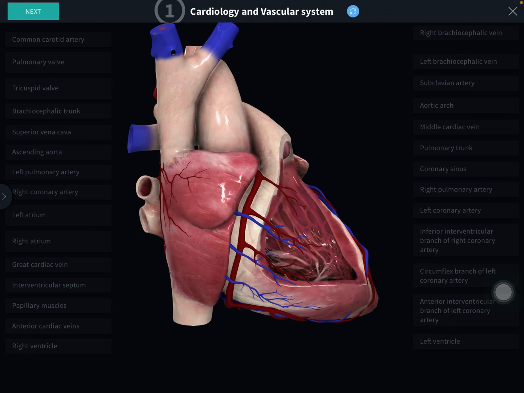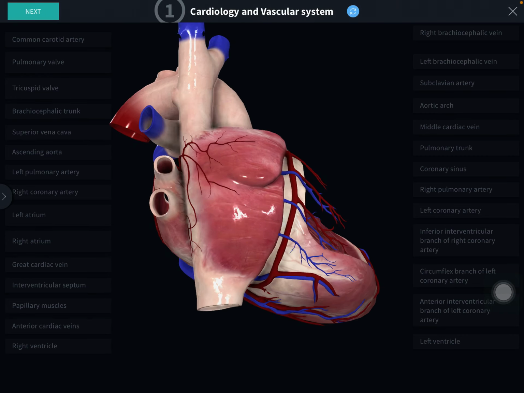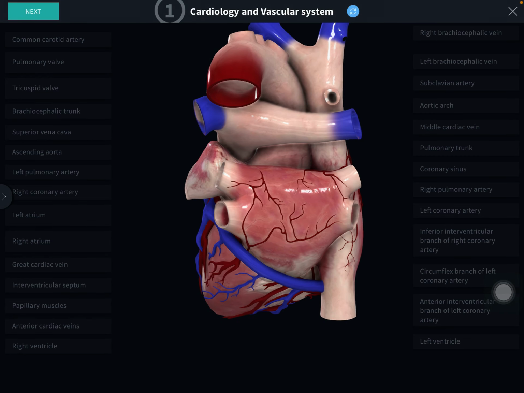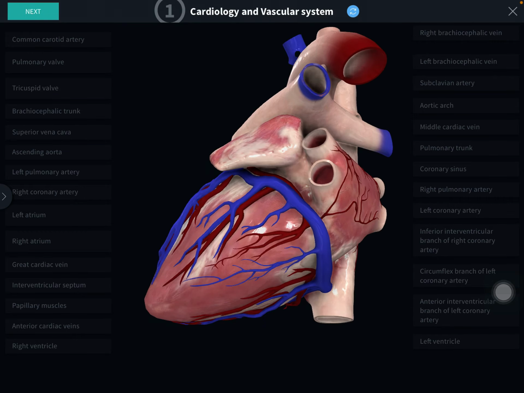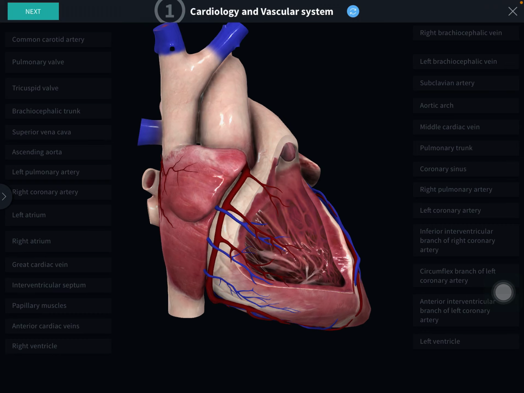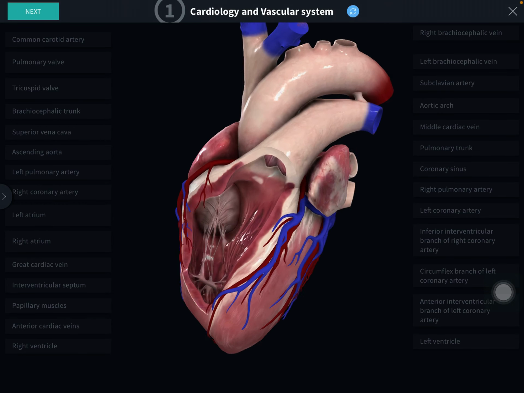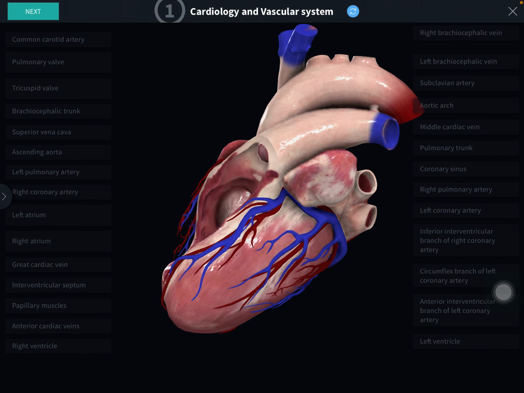Weight: adult male 280 to 340 grams, adult female 230 to 280 grams. The heart presents an apex, a base, and three surfaces: the sternocostal surface, which is the front surface, the diaphragmatic surface, and the left surface.